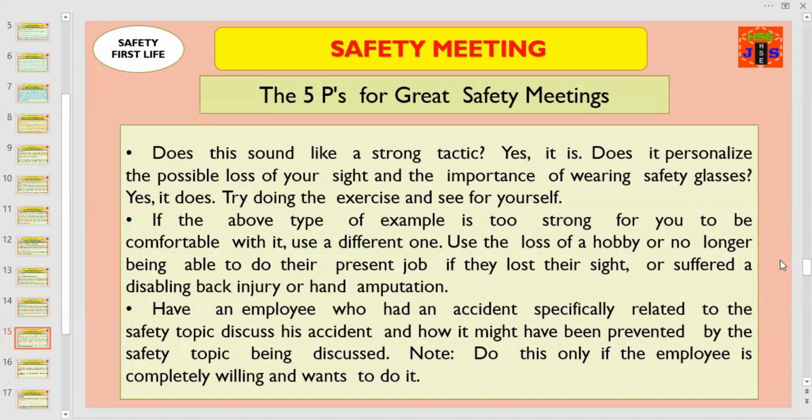Have an employee who had an accident specifically related to the safety topic discuss his accident and how it might have been prevented by the safety topic being discussed. Remember, do this only if the employee is completely willing and wants to do it.